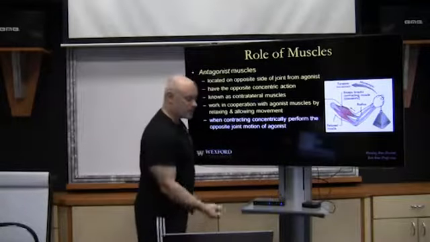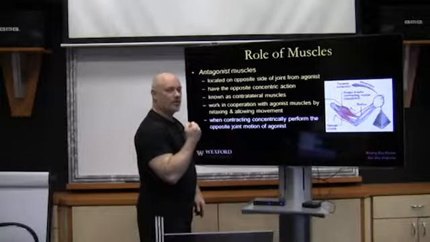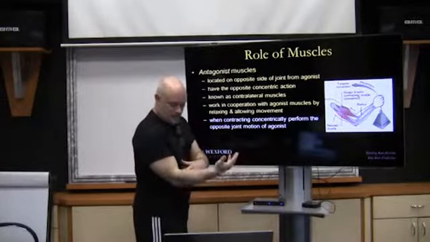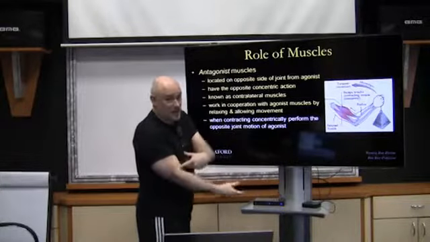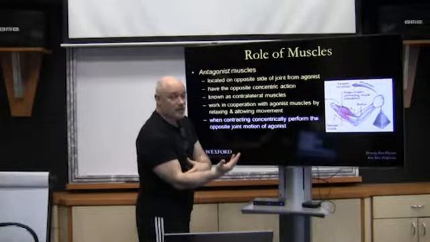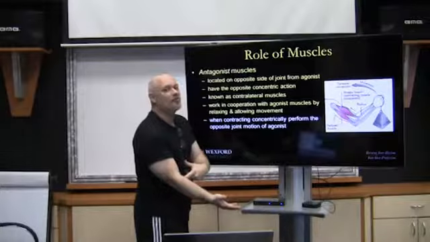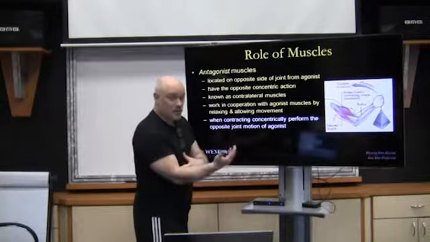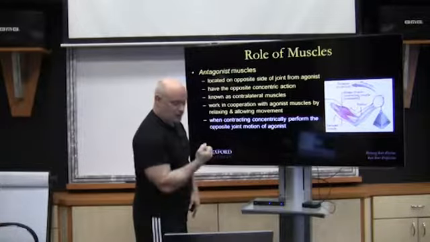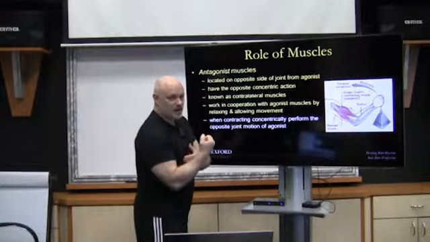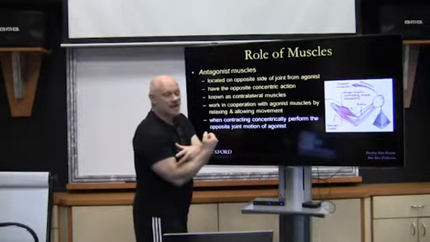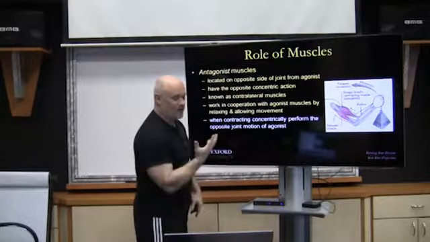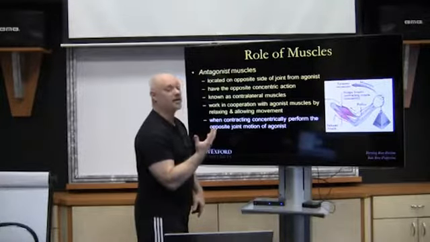So, we're doing a bicep curl. What's happened? The tricep is attached on the opposite side of where the bicep inserts. The tricep is an elbow extensor, and this is an elbow flexor. When we move that, the elbow extensor is going to relax, and the elbow flexors will contract.